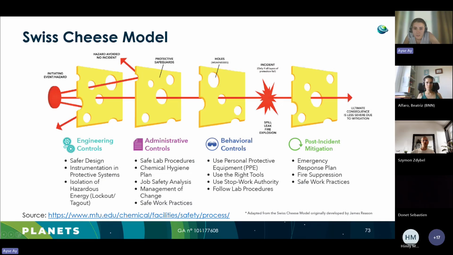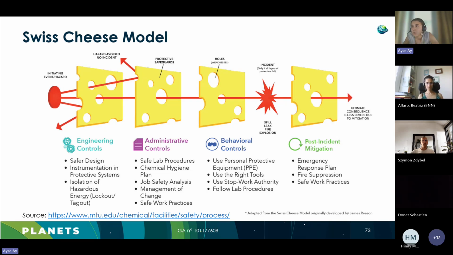Another model that is well known is called the Swiss cheese model. There, the idea is that safety is ensured through multiple layers of protection, shown here with the slices, and the holes represent the weaknesses.